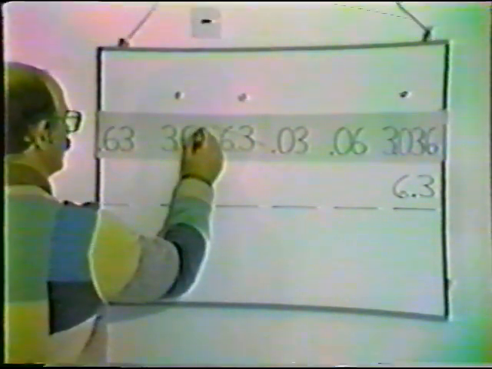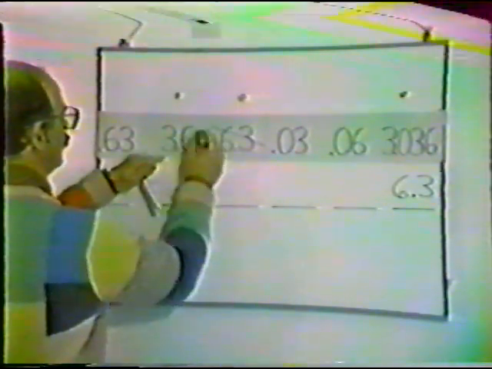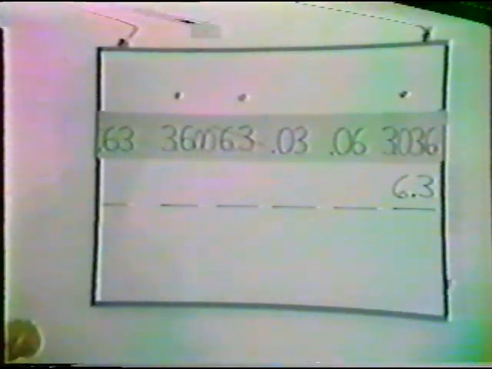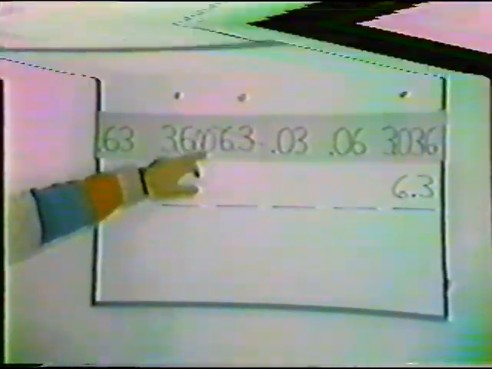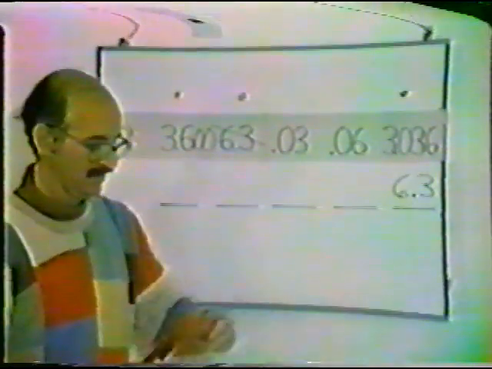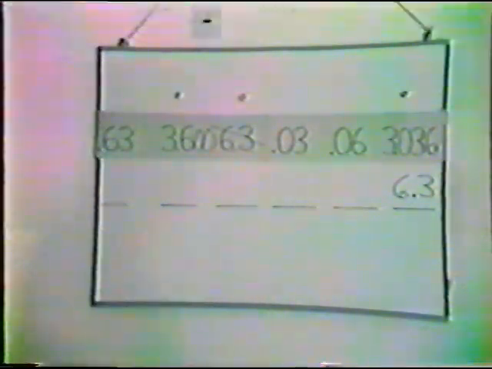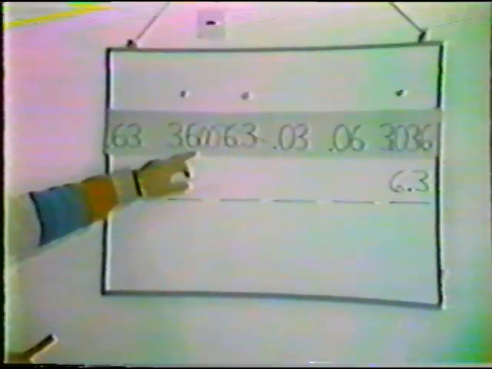What shall we do to this one to make it like the other? Add 2 zeros. 1 and 2. Now read it. 3.600 and this one, 3.036. Which is the larger? 3.600.